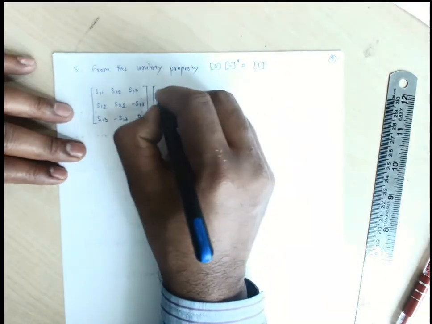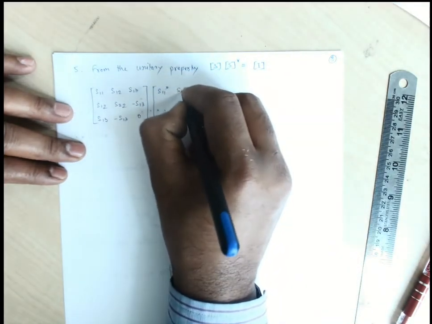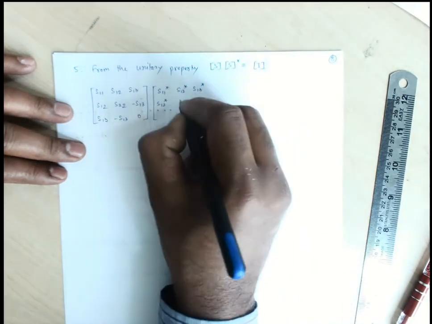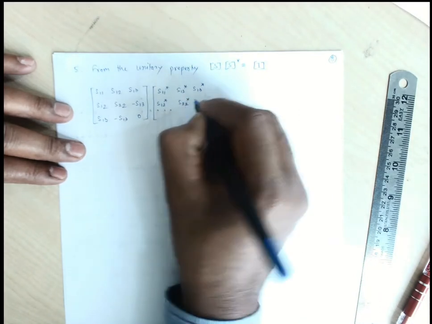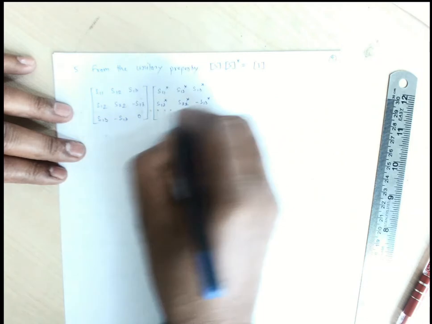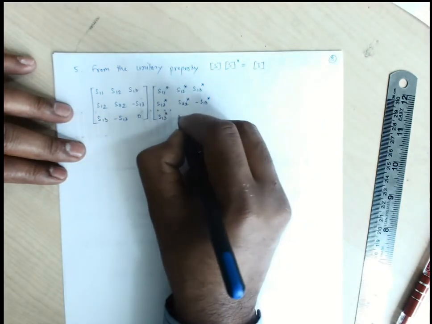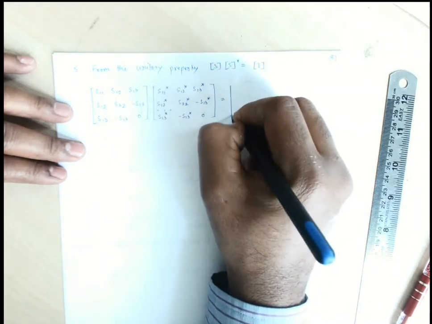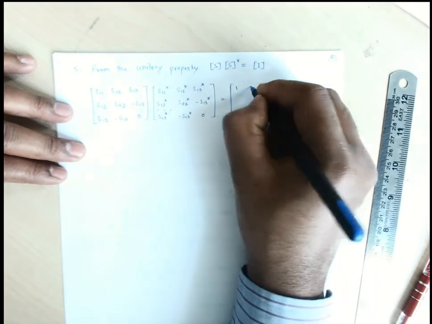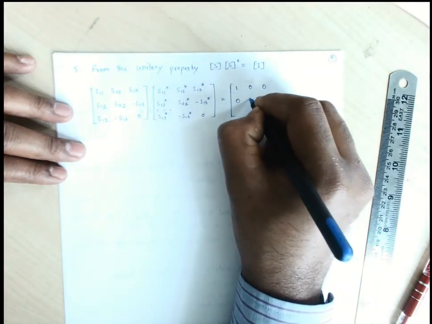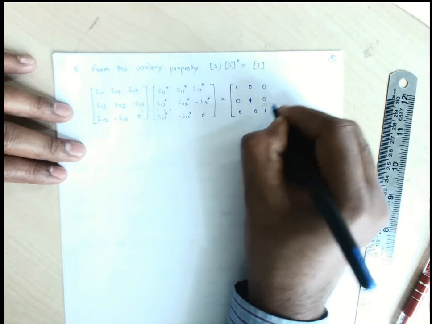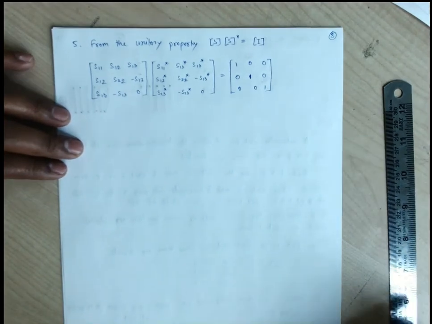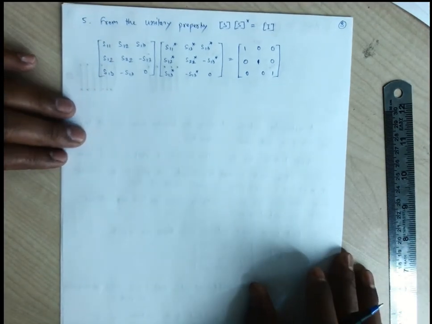Complex conjugate of them: S of 1 1 conjugate, S of 1 2 conjugate, S of 1 3 conjugate.